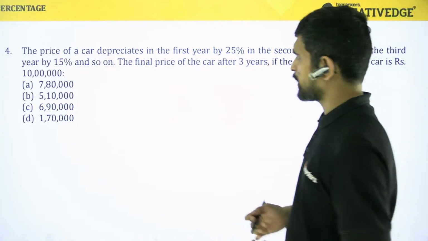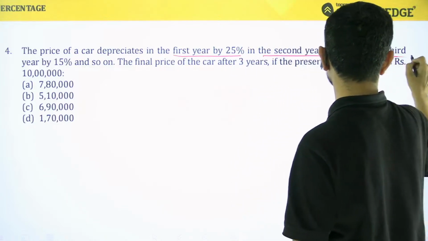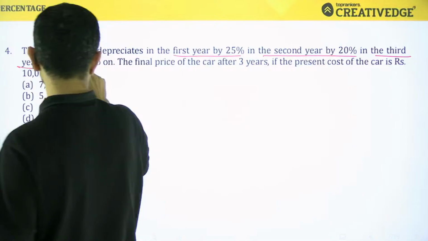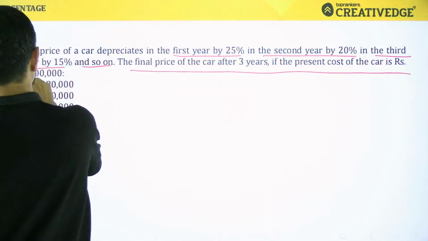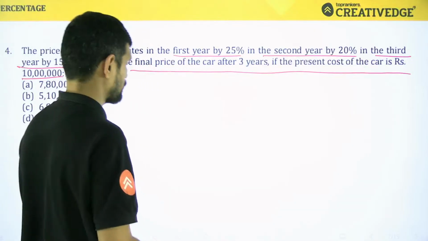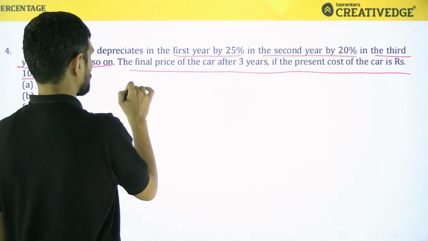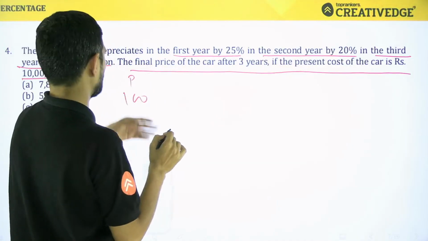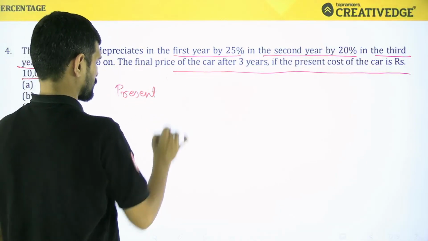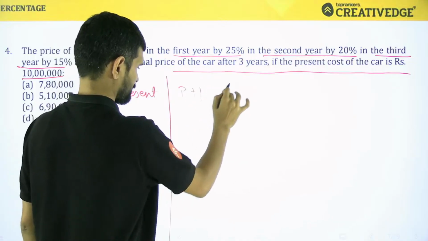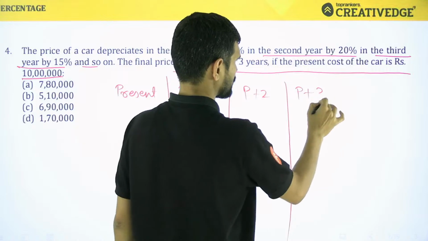The price of a car depreciates in first year by 25%, in second year by 20%, in third year by 15%, and so on. The final price of the car after 3 years if the present cost of the car is 10 lakhs, right? So अगर आज 100% है present, so this is present year, then present plus 1, present plus 2, and present plus 3.